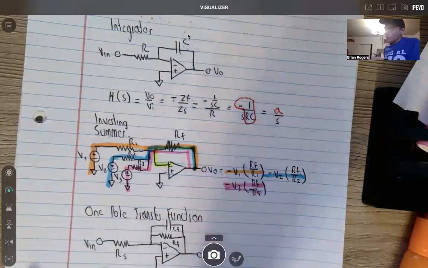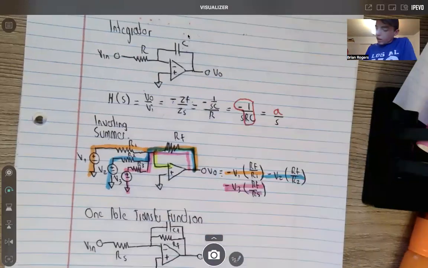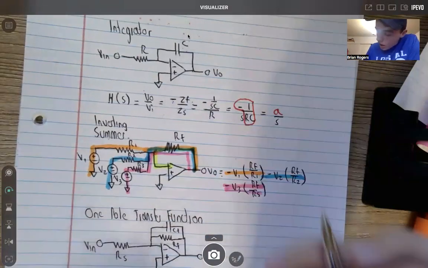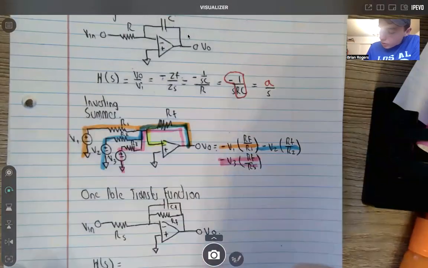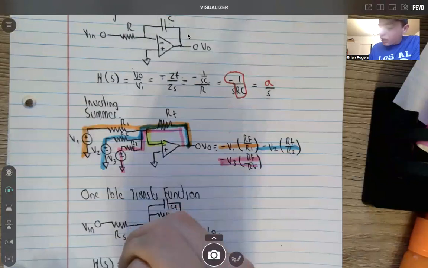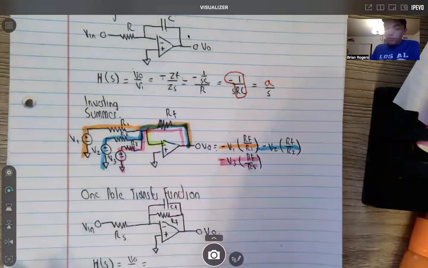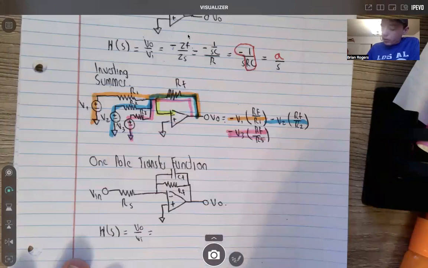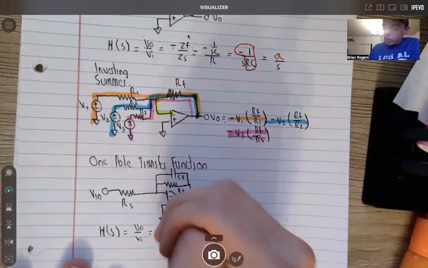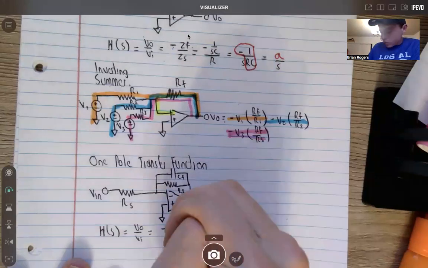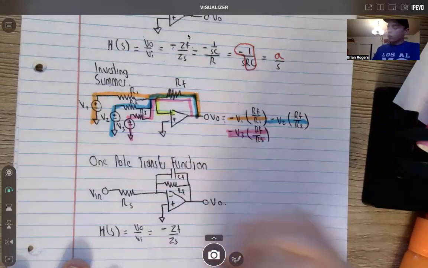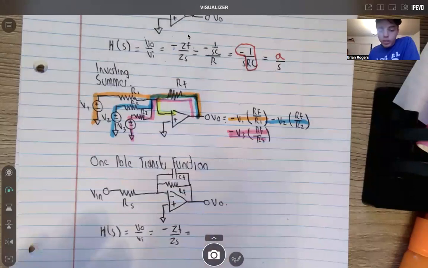And so what we need to do is get our transfer function, which is H of S equals, and remember, that's always the output over the input voltage. And we proved that for the devices we're working with, since this is inverting because it's hooked to the inverting terminal, it's negative Z of F over Z of S. And we're going to see that our Z of S is given by R of S here.